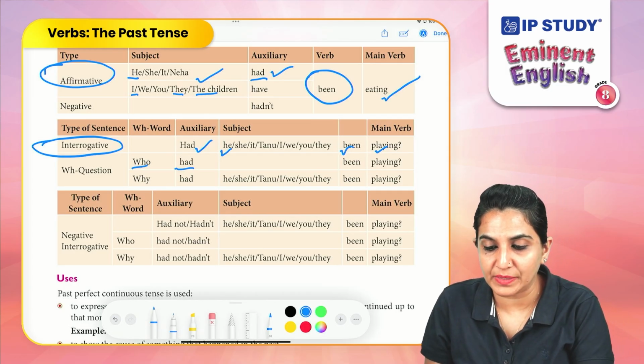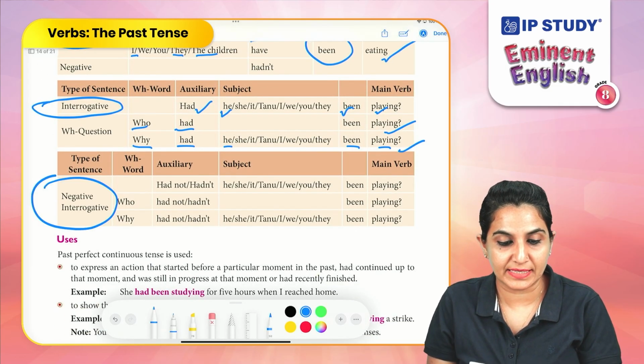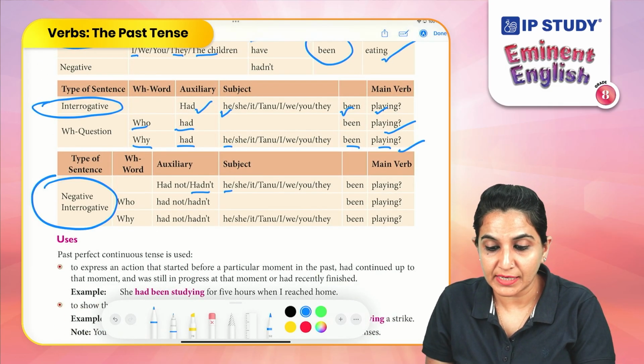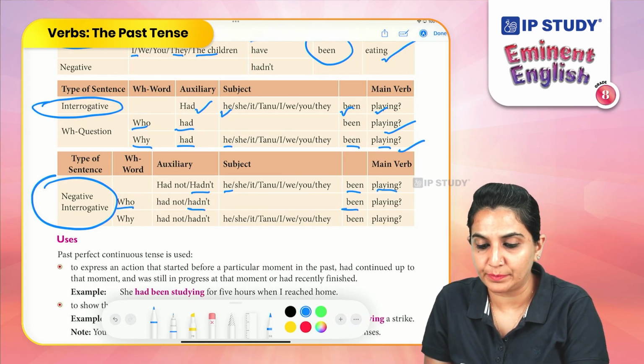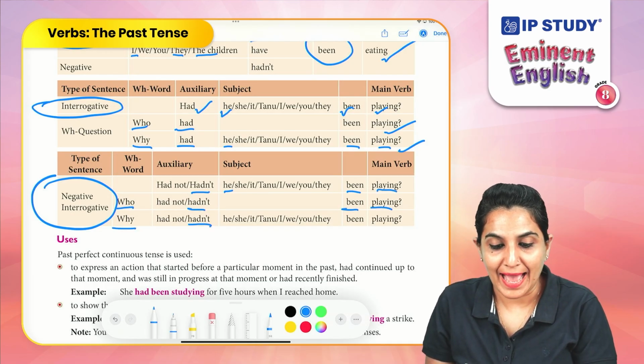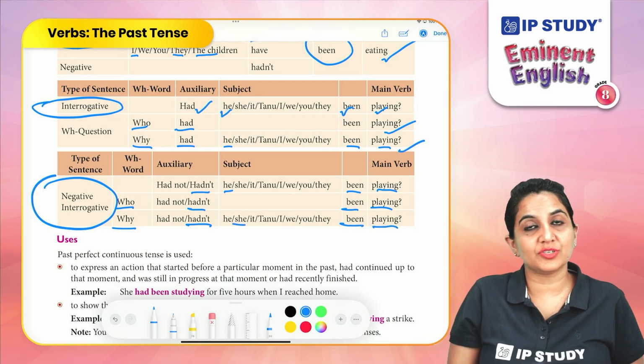Who had been playing? Why had he been playing? With the negative interrogative sentences, hadn't he been playing? Who hadn't been playing? Why hadn't she been playing? So the structure is simple.